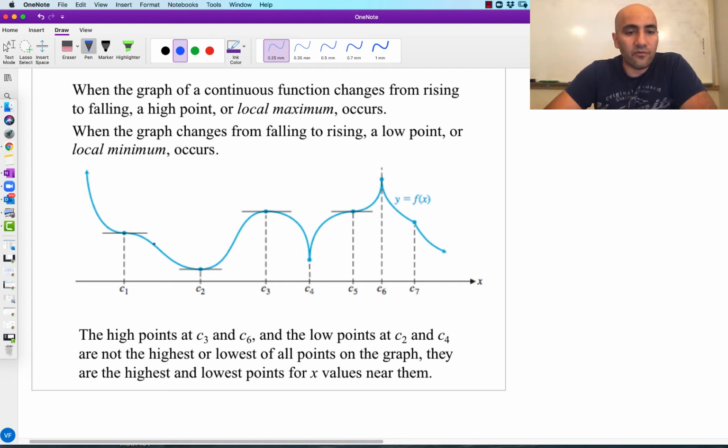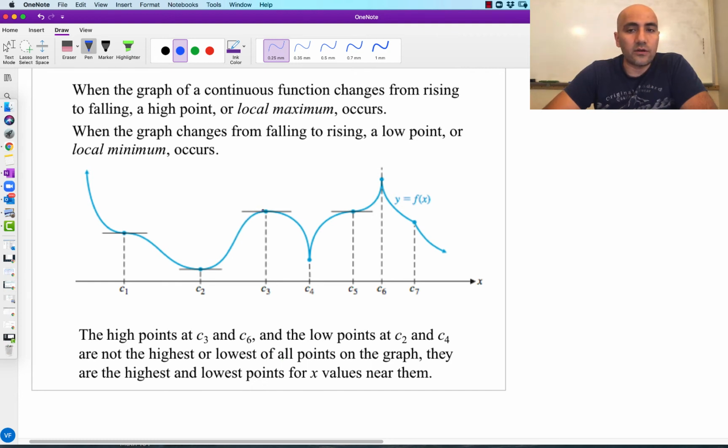So it goes from falling to 0 and then to rising, which means that the derivative had negative derivatives, then 0, and then positive derivatives. When we see that occur, we end up with a local minimum. Good. So this is a local minimum here. And then here we have a case where the function is increasing, increasing, increasing.